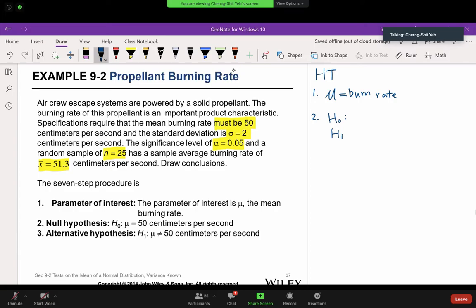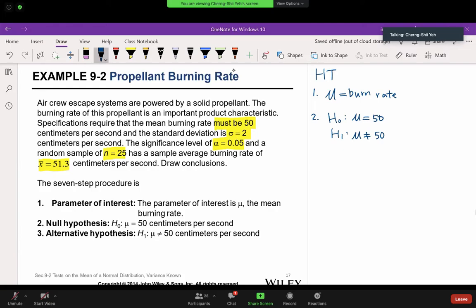What we believe is that our current process is meeting the specification, is exactly 50. Alternative will prove it otherwise. If our process does not meet the specification, that means the mean is not going to be 50. Could be higher, could be lower, but it's not 50. My process has shifted. Okay?